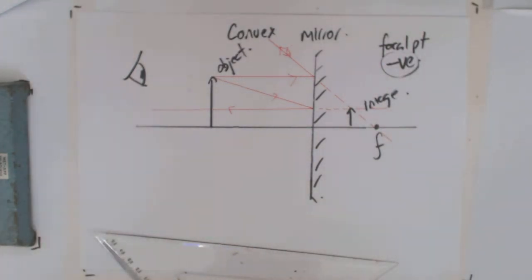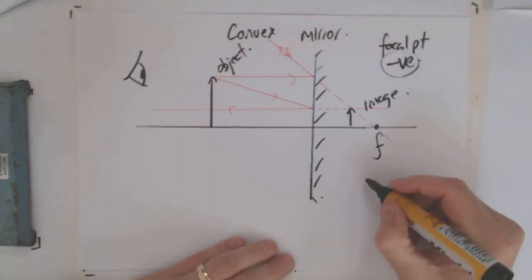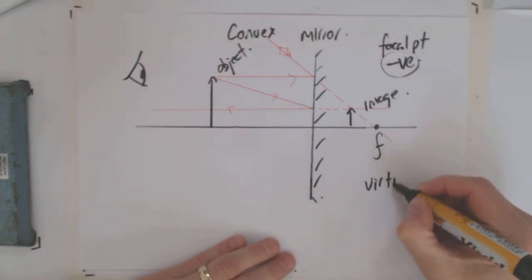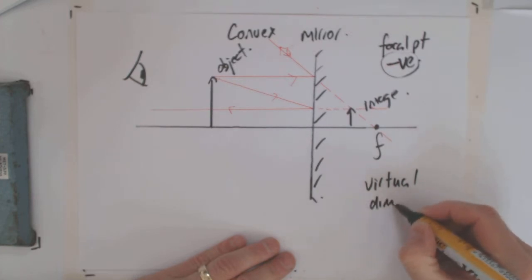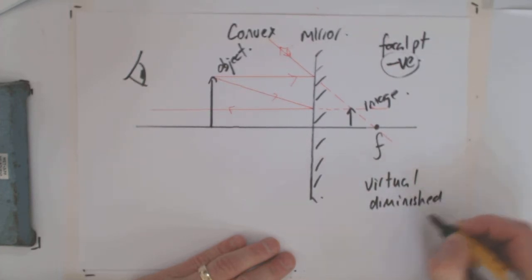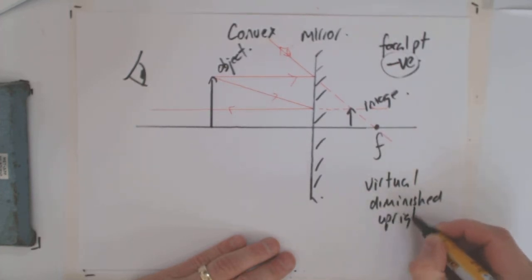Now, it's diminished. So this type of mirror produces virtual, diminished, upright images.